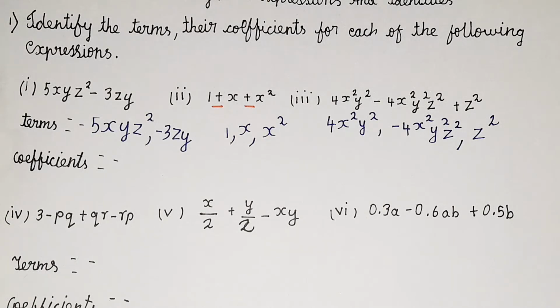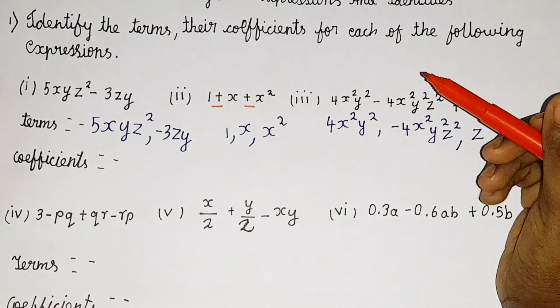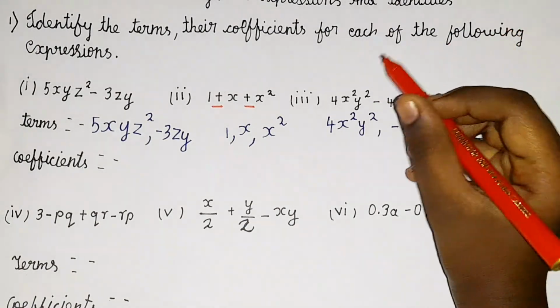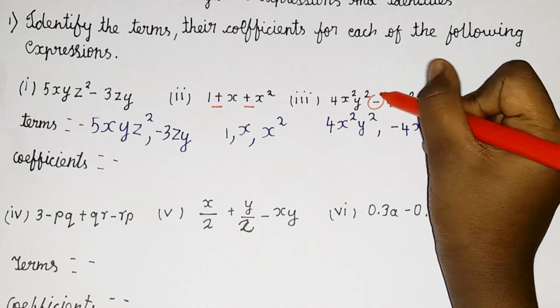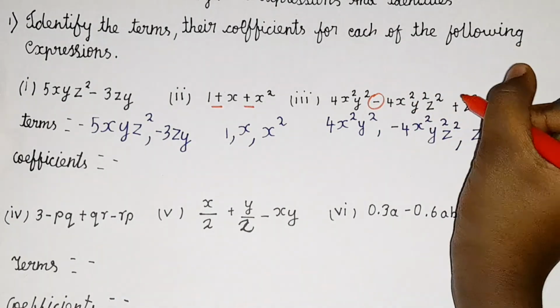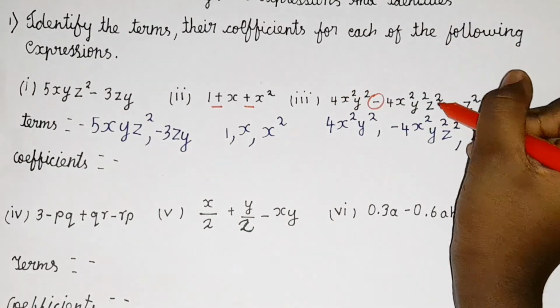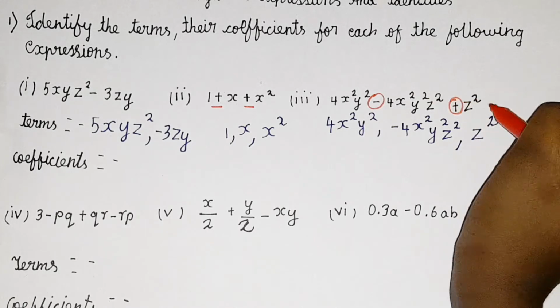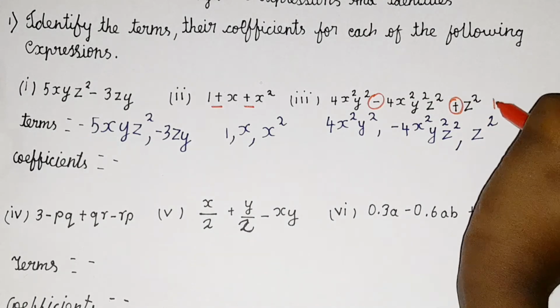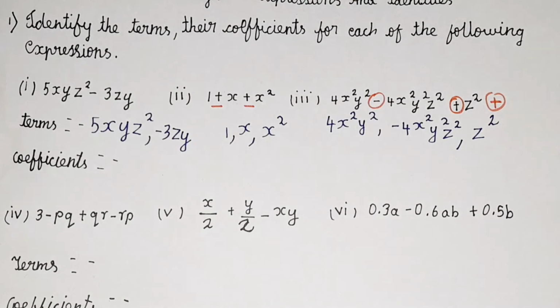A number without any sign means plus. Only for plus we won't mention it. Here the minus is splitting the first term, the next is the second term split by the plus, and this plus is splitting this z square.